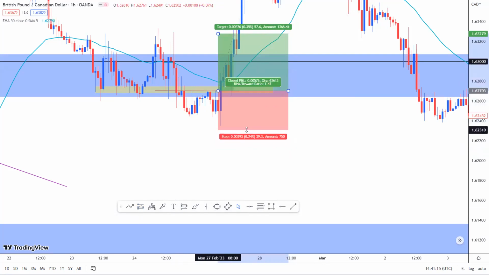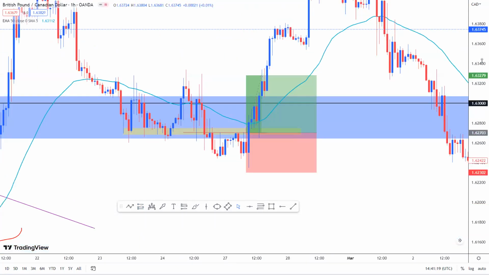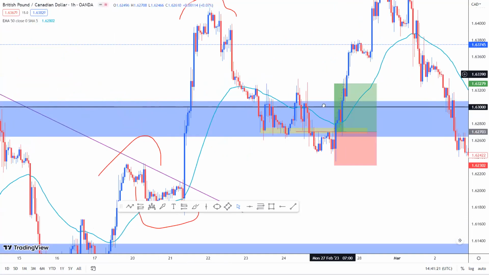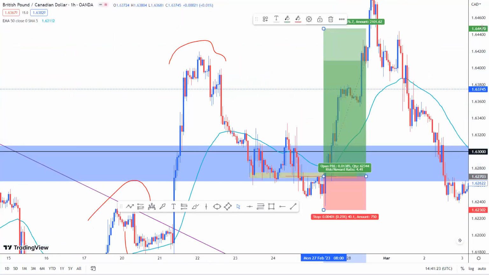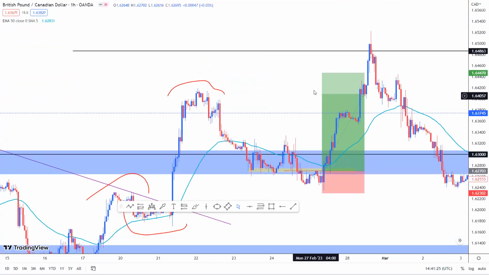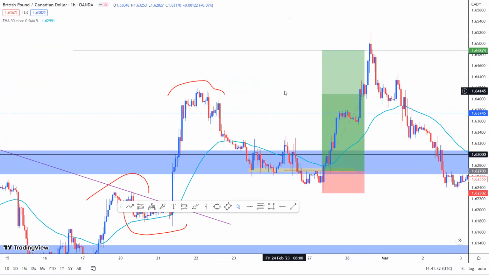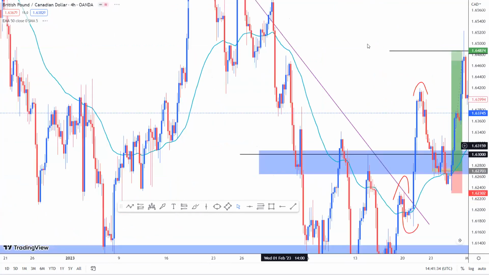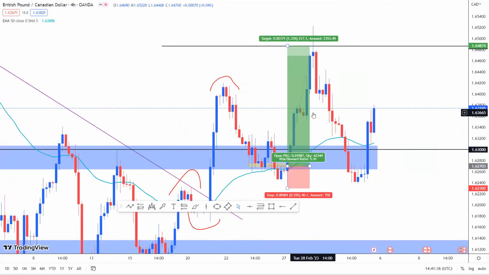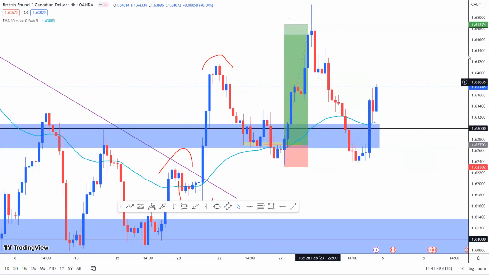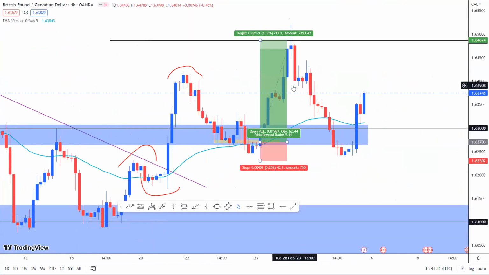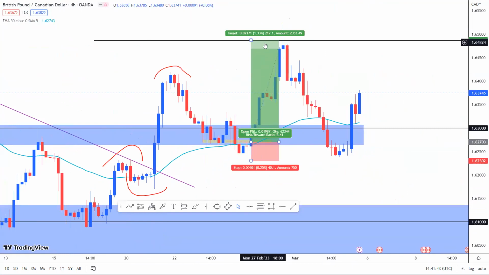Our stop loss, I think we had a 40 pip stop loss on this, and our TP at the negative 27.2 fib level, securing ourselves a 1 to 5.4 RR, a total of 217 pips on this trade.